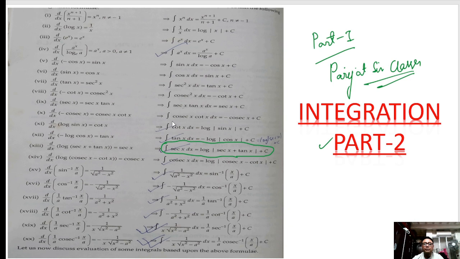Integration of cot x. Okay, so let me highlight and show it to you first of all, because you should know these formulas. Integration of cot x is log sin x plus c. Integration of tan x is log sec x plus c or minus log cos x.